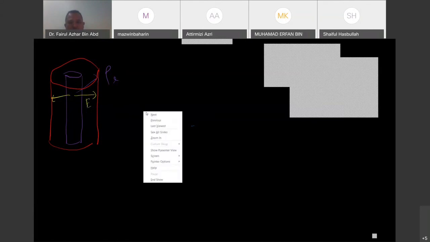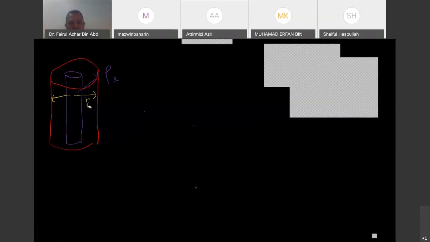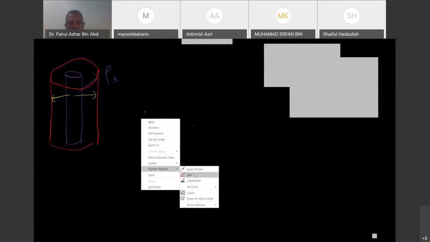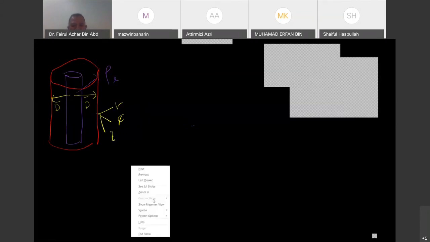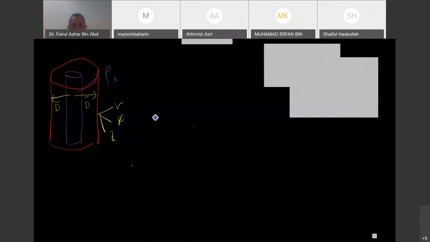Sorry, this is D. So we start with D. Because the electric flux density is indeed in the r direction, if we consider a cylindrical coordinate system, we have r, phi, and z components. So the vector D is equal to D_r r cap, which is the representative of the electric flux density that exists in the r cap direction.